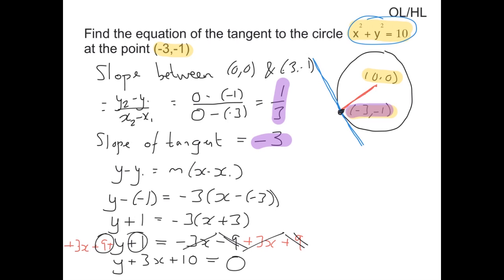So the equation of our line and our final answer is y plus 3x plus 10 equals 0.